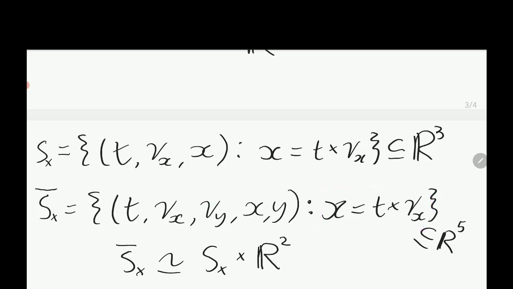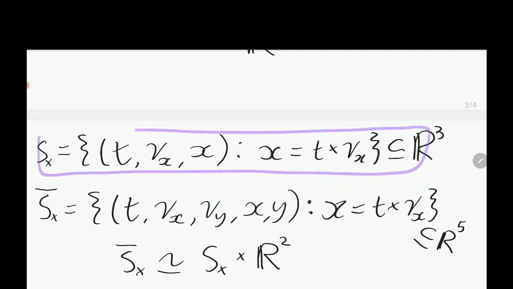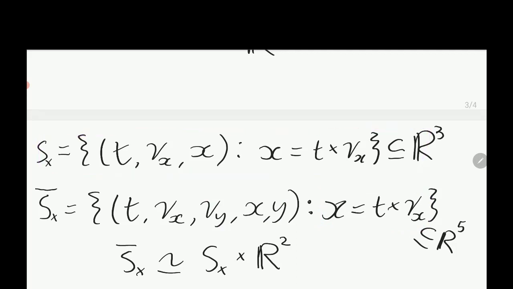They could be anything. So basically we've got all of these points of Sx plus an extra plane of extra numbers. We can take any of these triples, and to those triples we can add any value Vy and any value y.